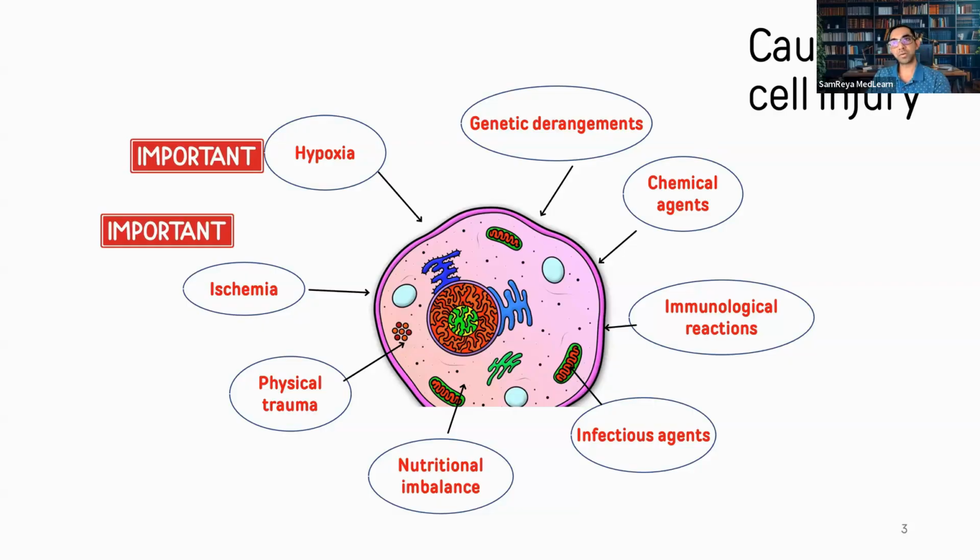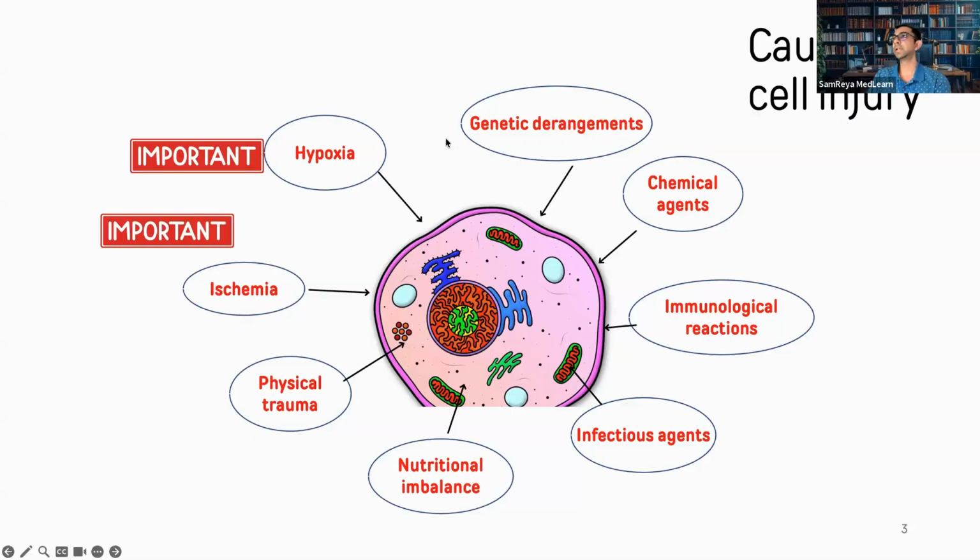They can damage the mitochondria. They can impact the mitochondrial ability to run the oxidative phosphorylation pathways. Immune reactions are another cause of cell injury. Infections, all the bugs, can cause direct injury to the cell. Nutritional imbalance and physical trauma, of course, can all cause cell injury. So again, please remember, the most important ones are hypoxia and ischemia.